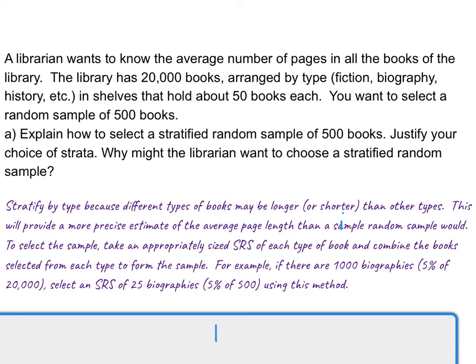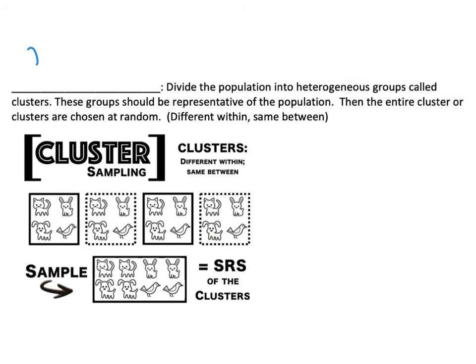It's going to be representative of the population if I do it this way. There's 5% overall of biographies, so my simple random sample within that stratum would also be 5%. I hope that's clear.